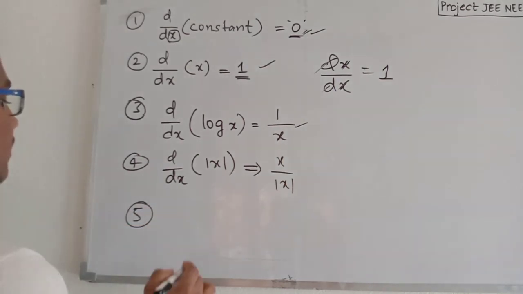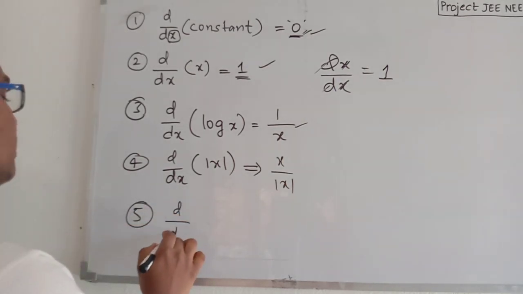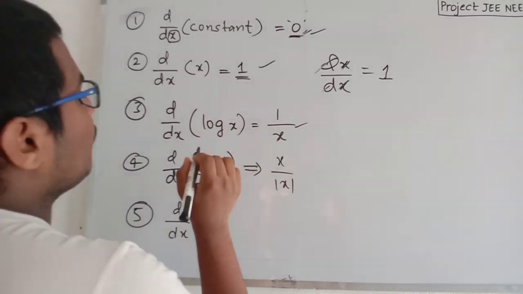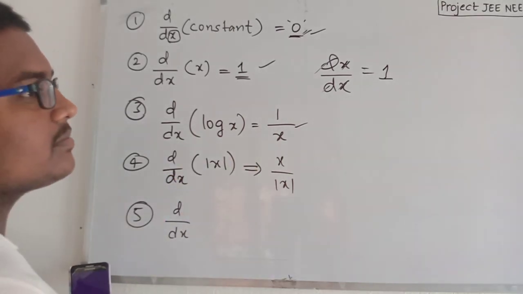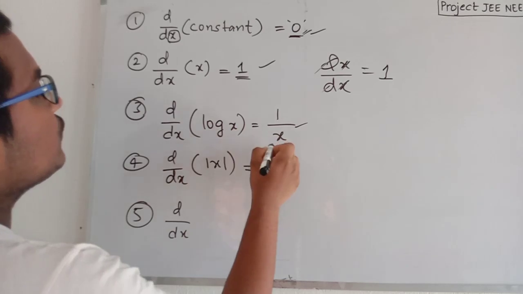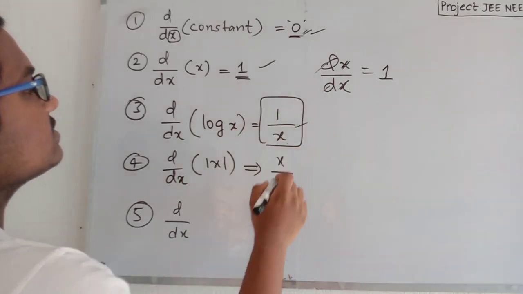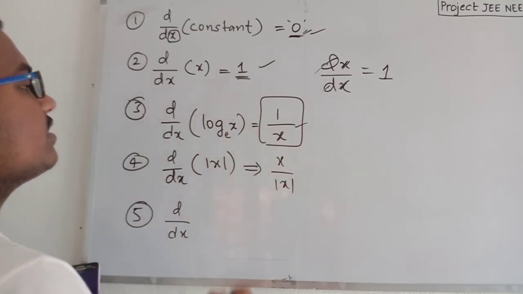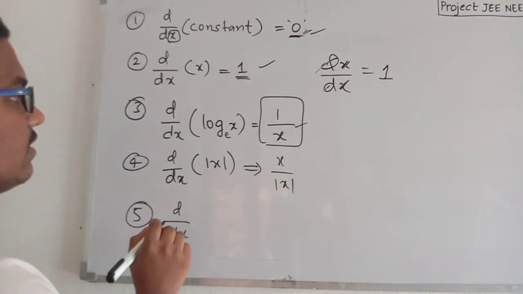And the fifth one, let's talk about d by dx of log. Remember one thing, whenever you get a logarithm term, then if you want to apply this 1 by x, the must and should condition is the base should be e.